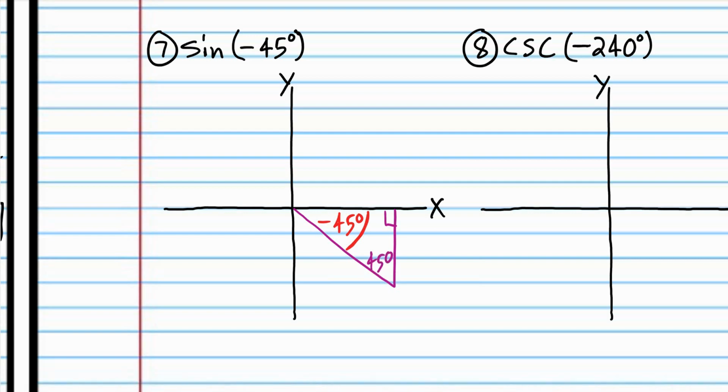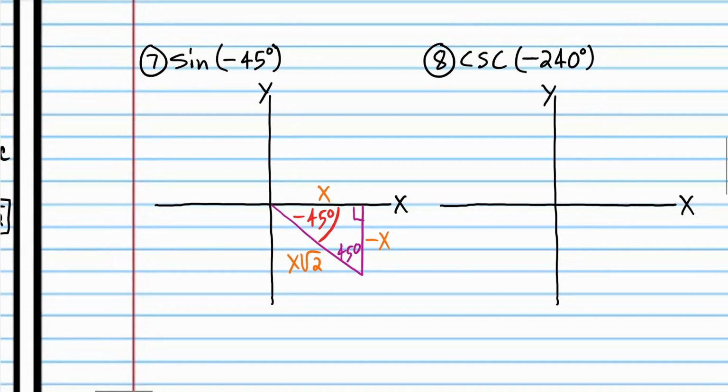And of course we have a 45, 45, 90 triangle. This side is positive x, but this side is negative x because that side is going down. Just like calculating or finding coordinates, you know that if you have a point here, the x coordinate is positive, but the y coordinate is negative.